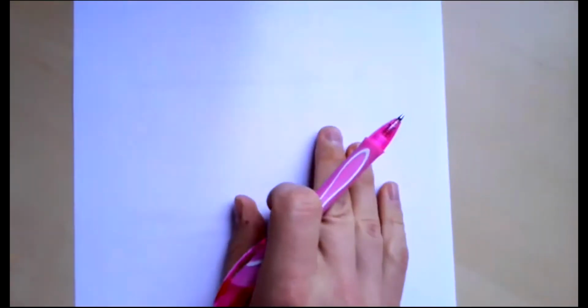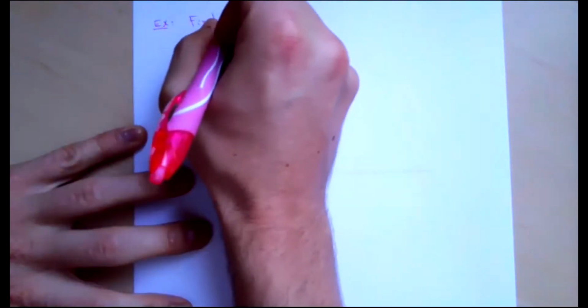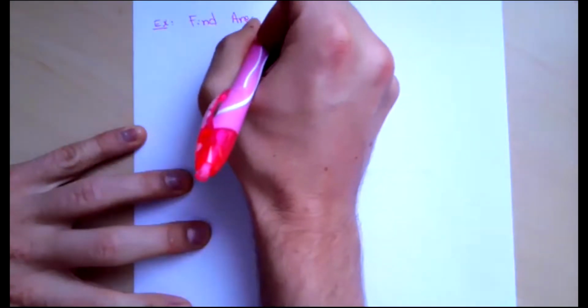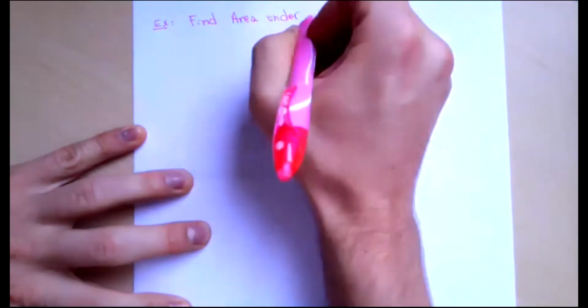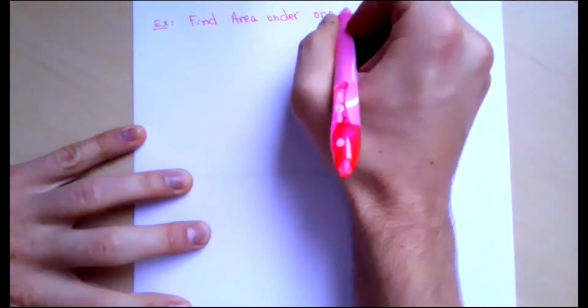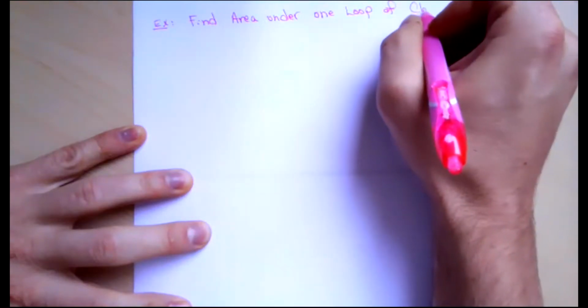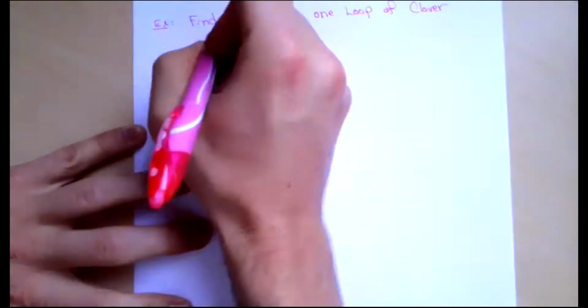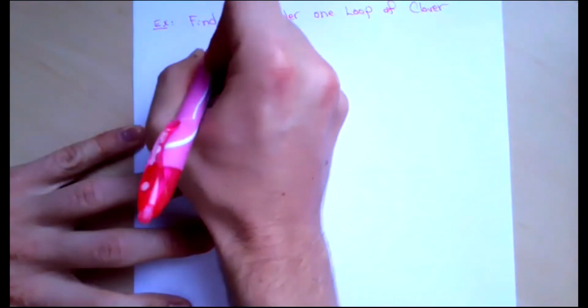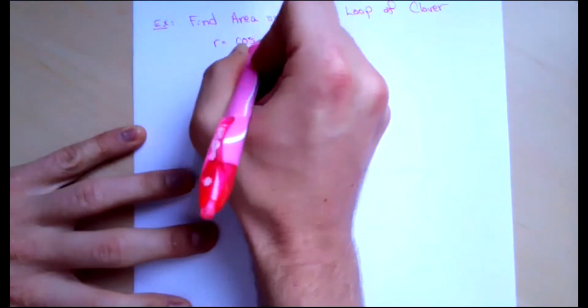So I could say things like, find the area under one loop of the clover r is equal to cosine of 2 theta.